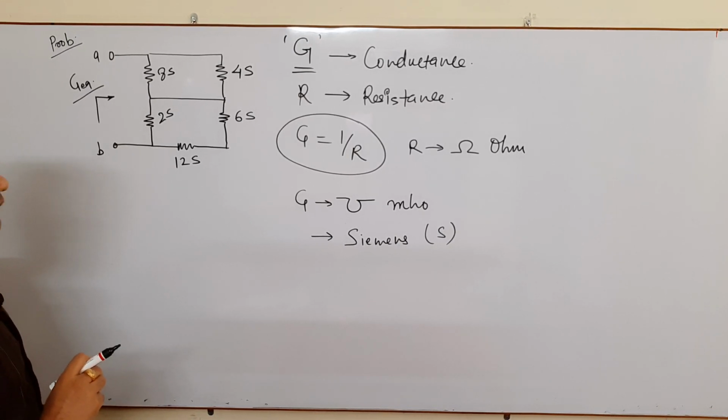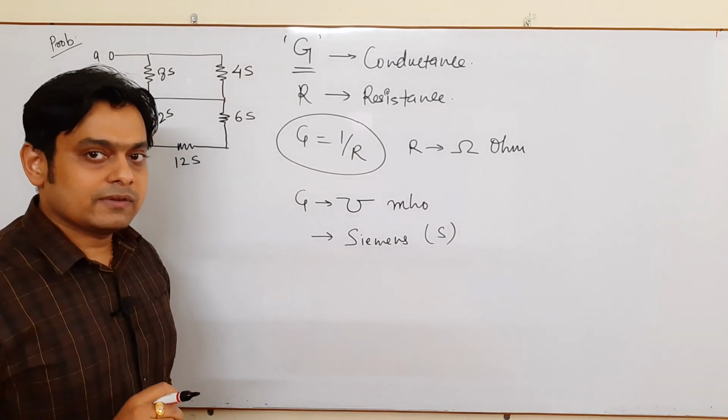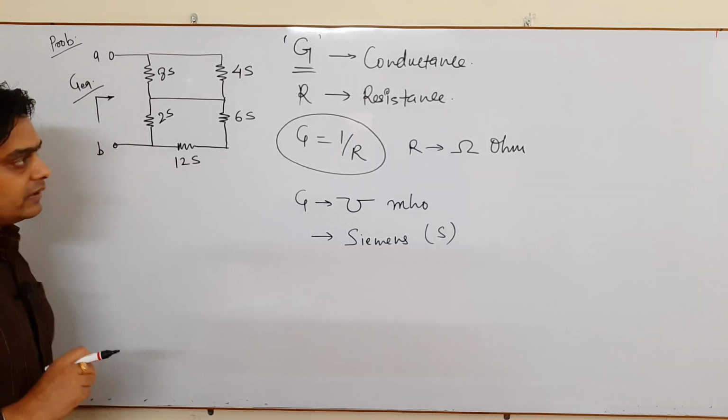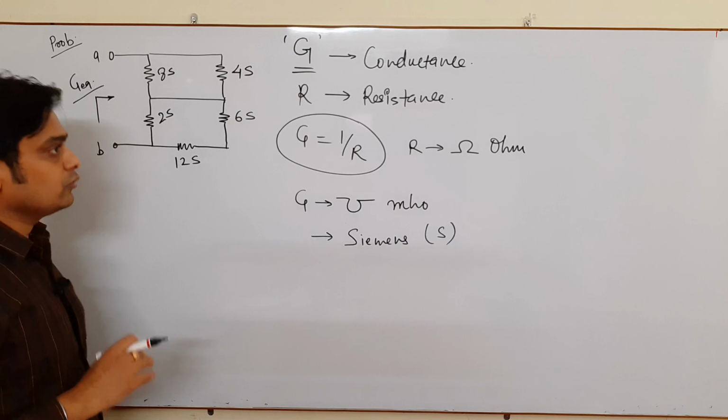Now we have seen the equivalent combination of resistance in case of series as well as in case of parallel. Now the question comes, how we'll find it in case of conductance. I am not going to solve the entire theoretical portion here.